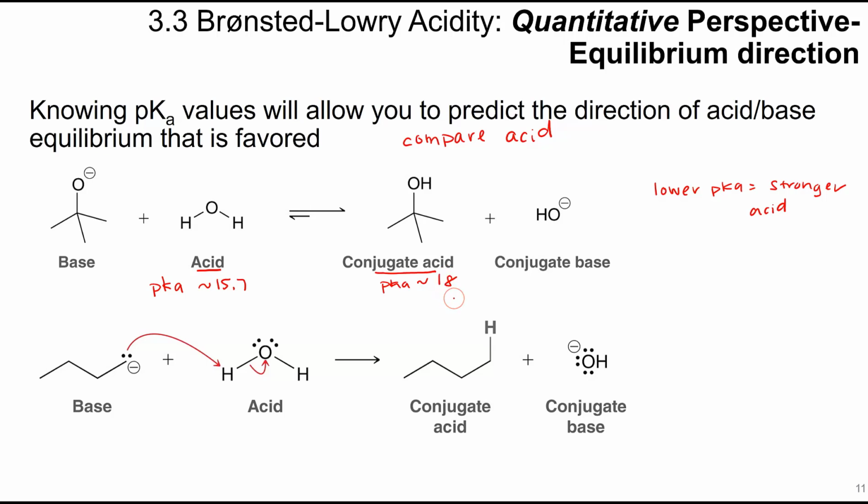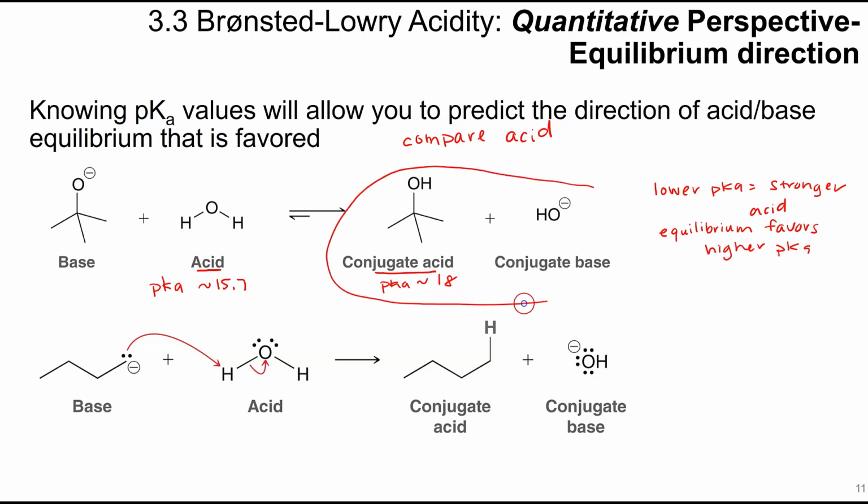This is the higher one. So when you're predicting the equilibrium, you want to favor the side that has the higher pKa. So this side is favored because the higher pKa means that it is less likely to dissociate.